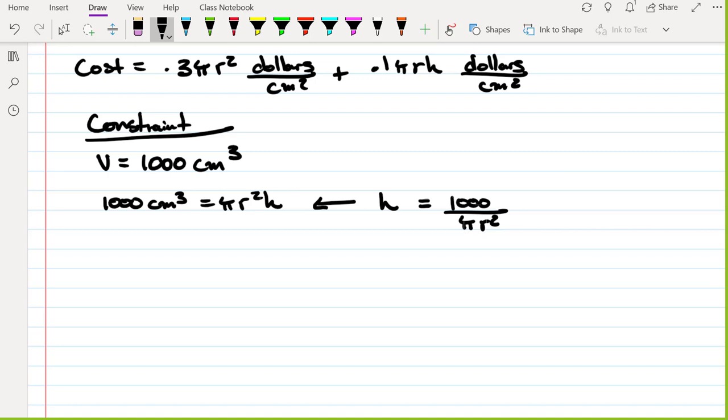And then if we substitute this into our equation, we get that our cost, so C, is going to be 0.3 pi r squared plus 0.1 pi r, and then our h is 1,000 over pi r squared.